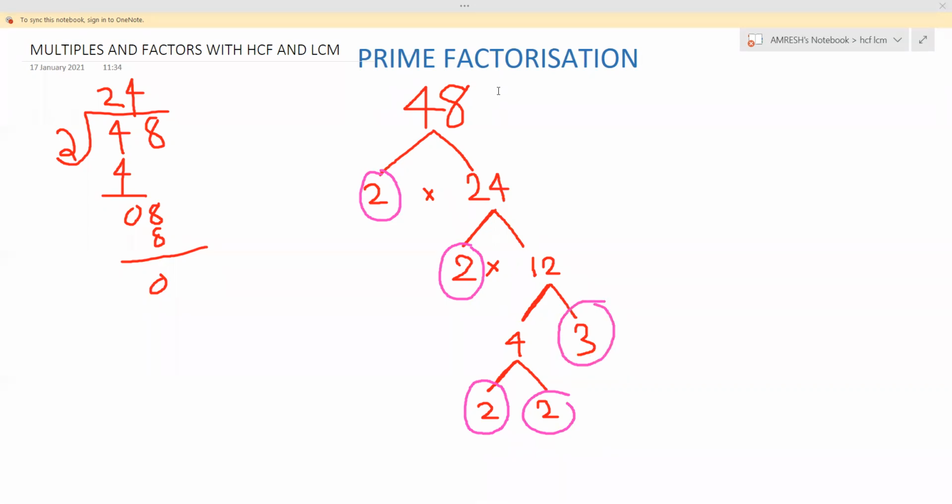So you can write the prime factorization: 2 into 2 into 2 into 2, all four 2's, and one more 3 equals 48. This is the prime factorization method.